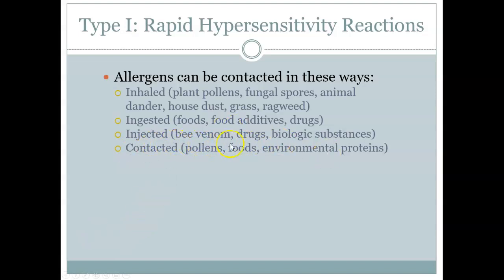Some people are allergic to bee stings, injectable drugs, different biological substances that are injected in the body. And then through contact. So for some people, even touching the food or touching something in the environment that has an allergen can cause the person to have this rapid hypersensitivity reaction.